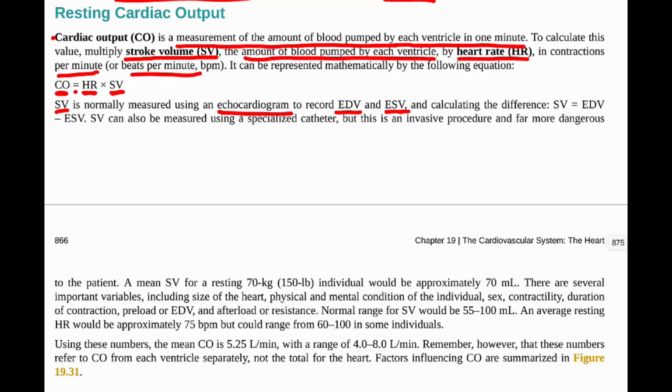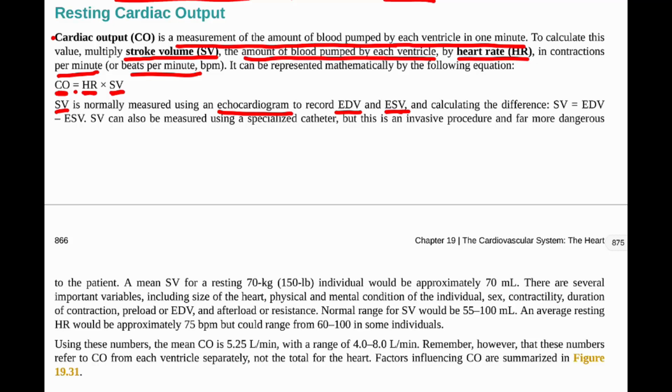And our ESV is end systolic volume. That was the volume of blood in the ventricles at the end of systole, after it has contracted, because remember, we only get about 70 to 80 milliliters pushed out, and so we had that 50 to 60 milliliters left in.